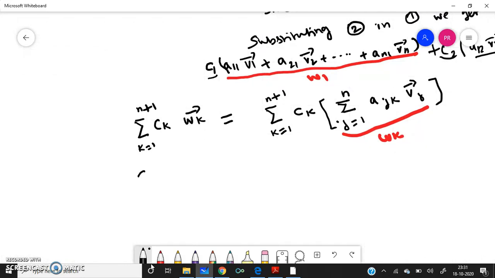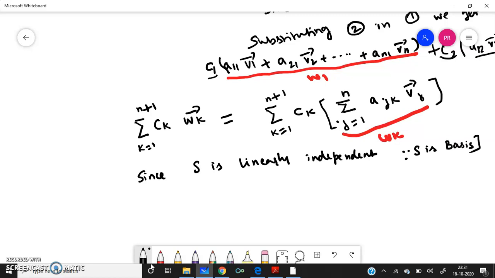Since S is linearly independent, why? Because S is a basis.